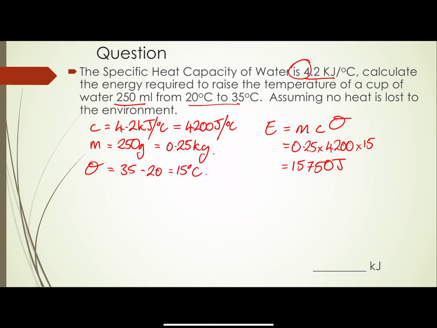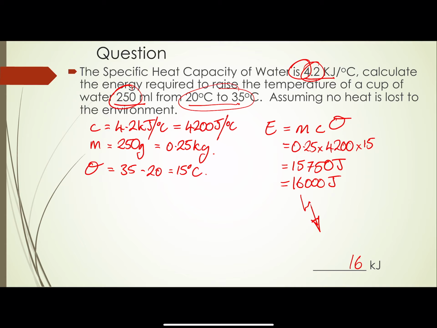So we've got 4.2 here, that's two significant figures, 250, that's two significant figures, and the raising temperature is also two significant figures. So in two significant figures, it's 16,000 joules. But the answer needs to be in kilojoules, so you should get 16 kilojoules.